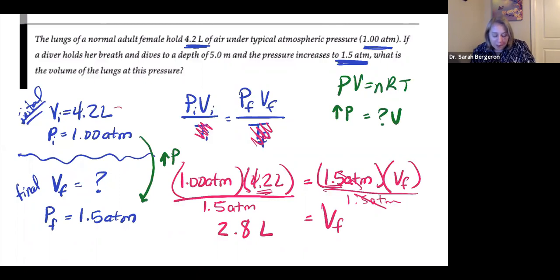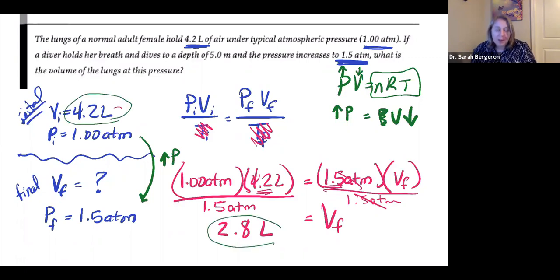Well, this side of my equation didn't change. It was held constant. So if I increase pressure, in order to make pressure times volume equal to this other side of the equation, I have to do the opposite and I have to decrease it. So we're gonna say volume drops. Is that what happened? We went from 4.2 liters to 2.8 liters. Yes, so that's a really good way to check your work. Did you do it right?